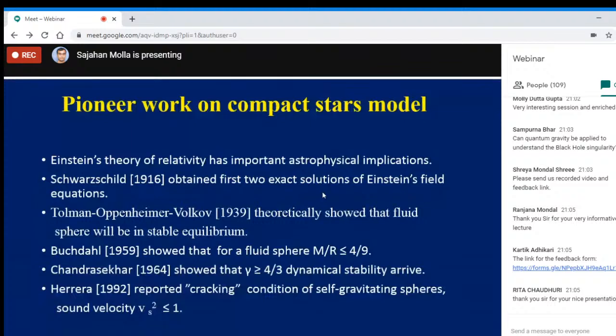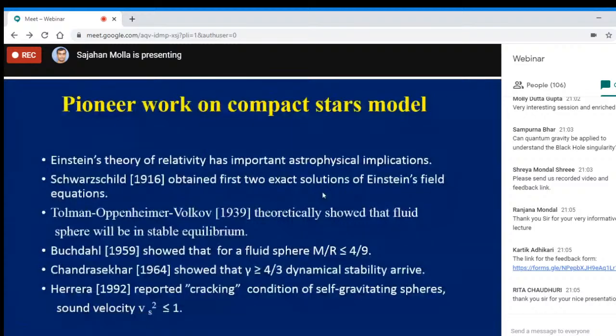Then in 1959, Buchdahl showed that for a fluid sphere, the mass to radius ratio should be less than or equal to 4/9. Thereafter, in 1964, Chandrasekhar showed that for dynamical stability of a fluid sphere, the adiabatic index should be greater than or equal to 4/3.